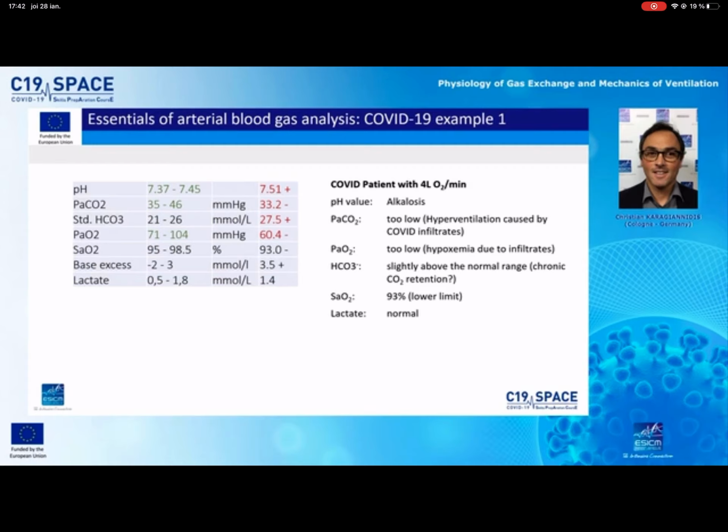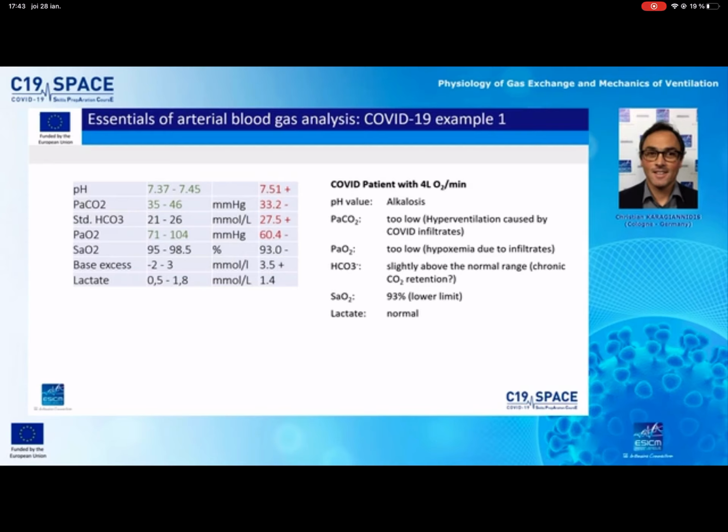The first one is a patient on the ward who is so sick that he needs 4 liters of oxygen per minute. If you want to go through this blood gas analysis, you may start with the pH value. With 7.51, the pH value is above the normal limit, which means that the patient is alkalotic. Why does that occur? The CO2 level is very low at 33.